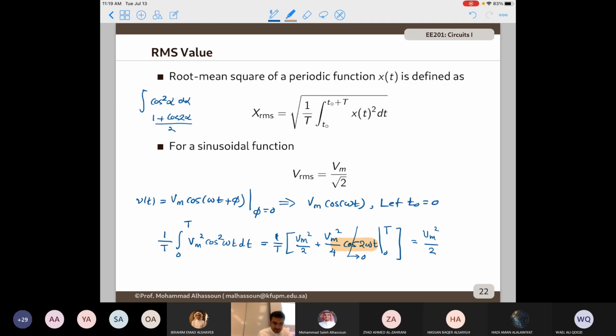If you take this term and integrate it over any integer multiple of a period, you will get 0.